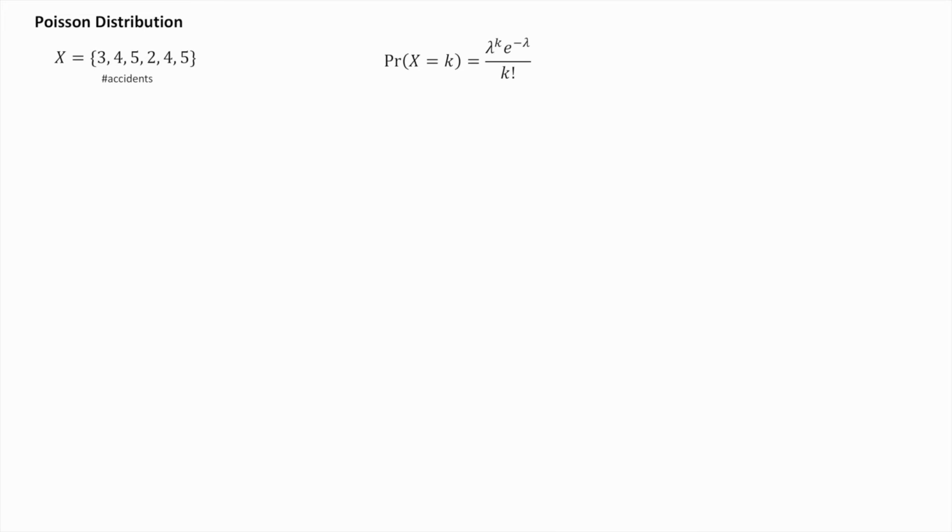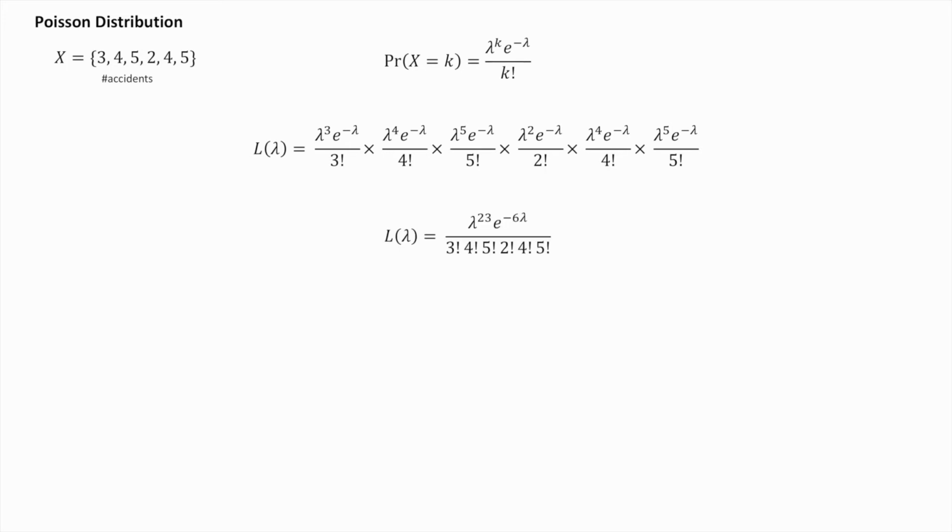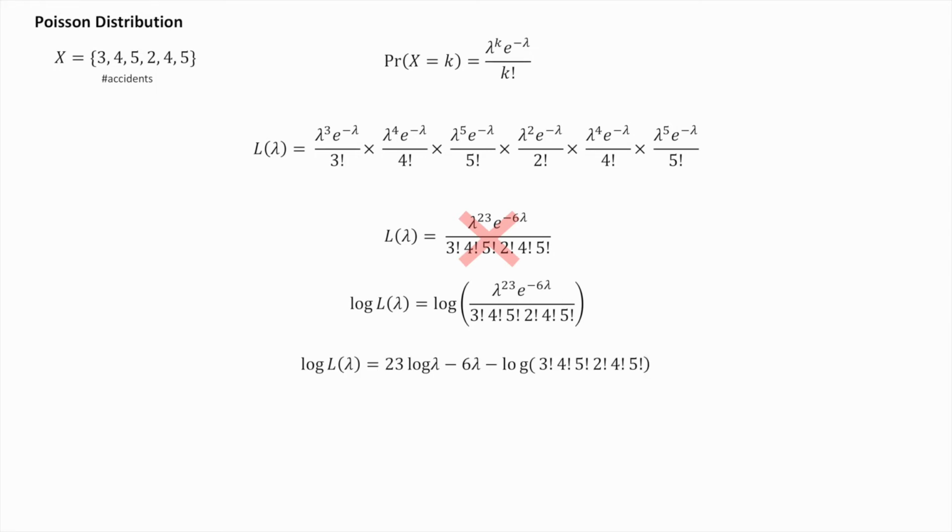As before, we will calculate the maximum likelihood of parameter lambda given the observed data from the joint probability distribution, which is the following. And this simplifies to lambda to the power 23 times e to the minus 6 divided by the product of the factorials. Now, as before, we will calculate the log likelihood because it's easier to derive. And the log likelihood is equal to 23 log lambda minus 6 lambda minus log of the product of the factorials.